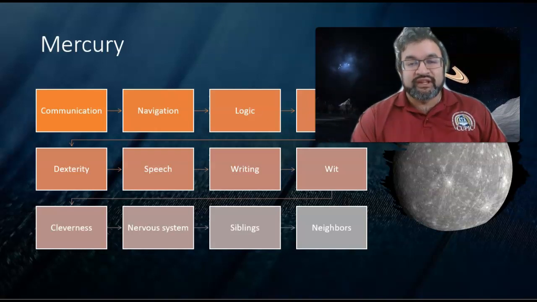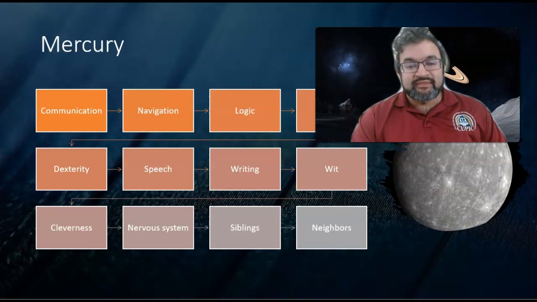There's actually a Mercury line where you can tell from the lines that go vertical in the mound of Mercury. If there are multiple lines, then the person is considered nervous, and also might have nervous system issues.